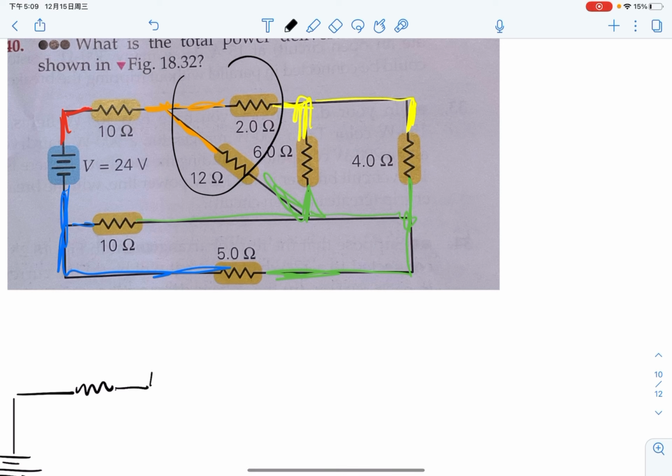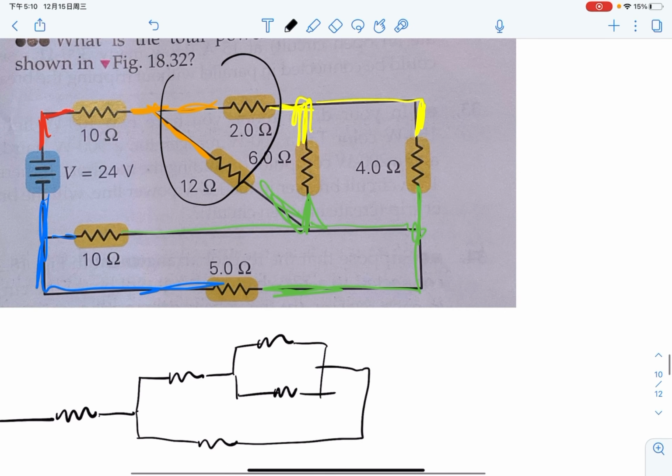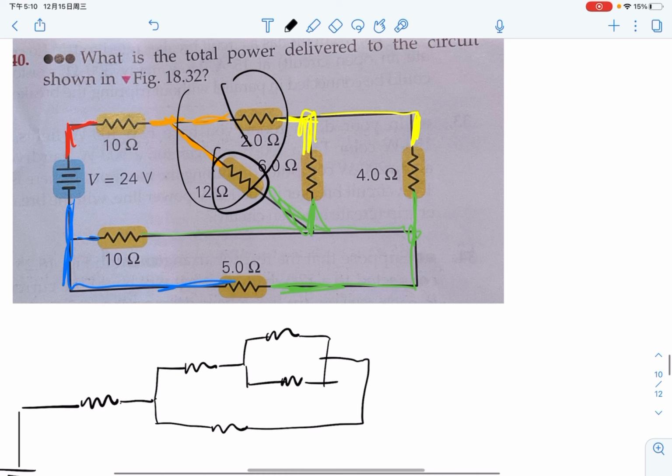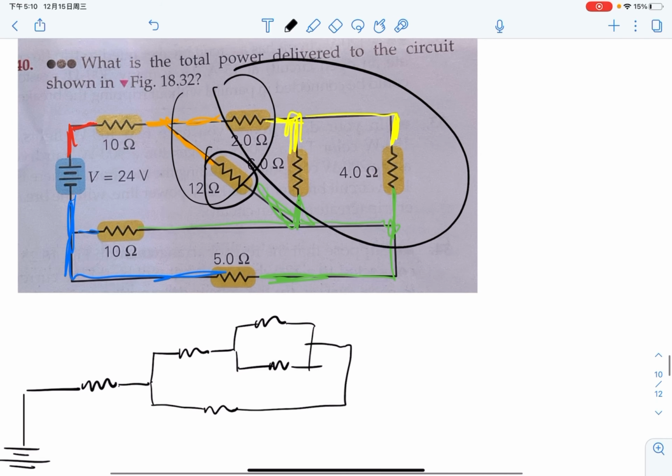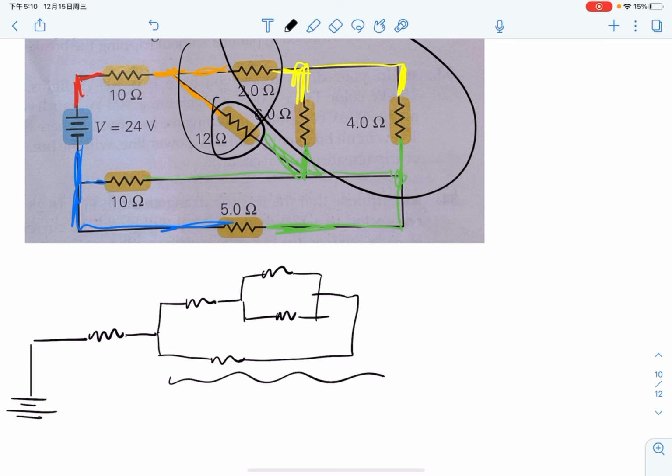This is the first one and the second one. Okay, here. So this one and these three are in parallel, okay? Which is shown in the diagram over here.